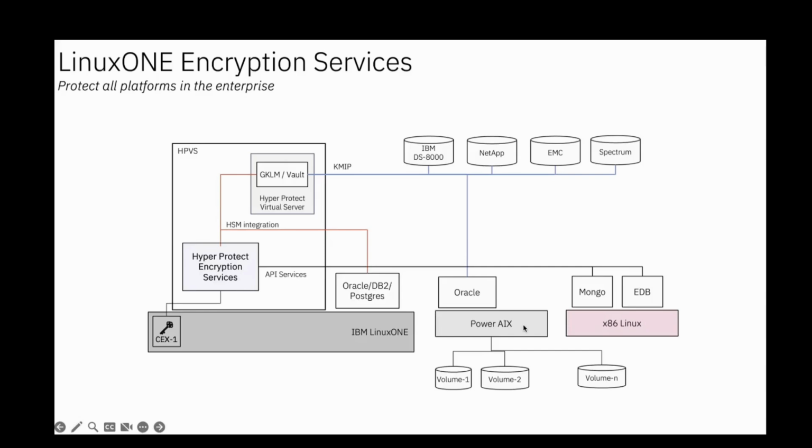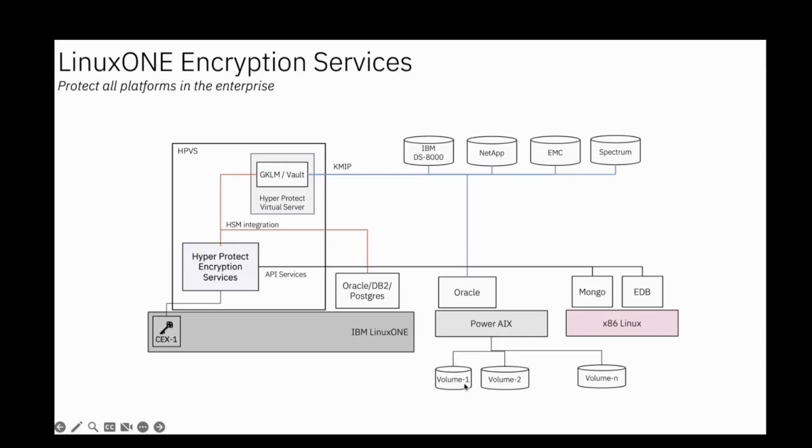So we can do the same thing with AIX as well. Anything running on AIX can talk directly to the encryption services on the x86 platform. If you have MongoDB or EDB, which is a Postgres flavor, you can do the same thing using either API services or PKCS 11 services by talking directly to the HSM.